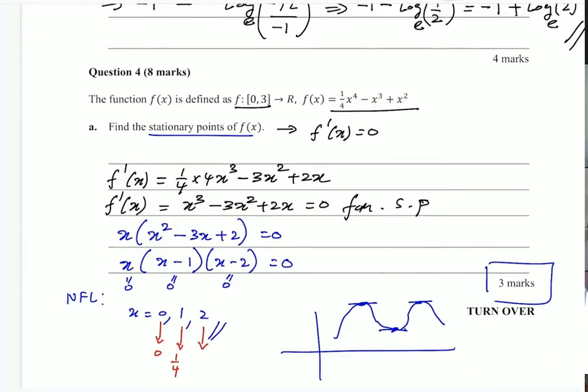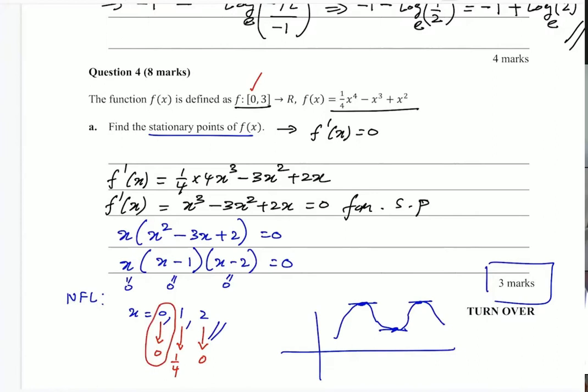This is going to be 16 over 4, which is 4, so 4 minus 8 plus 4 is 0. Yes, it is 0. Now the next thing would be your boundaries.